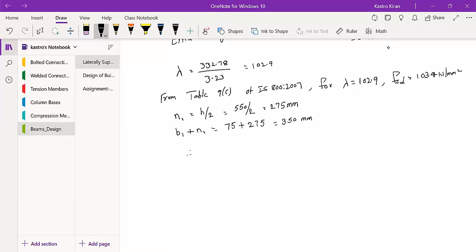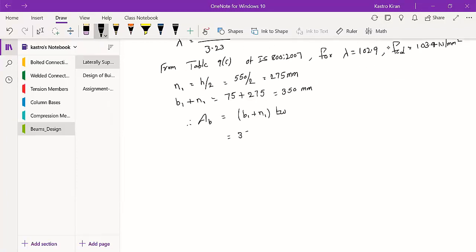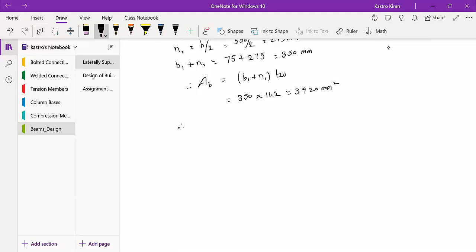Therefore AB equals B1 plus N1 into TW. The value of B1 plus N1 is 350, and TW is 11.2, which is the thickness of the web. So this will be 3920 mm square. Now you can find the buckling resistance. Therefore, buckling resistance equals, you know the formula, AB into FCD.